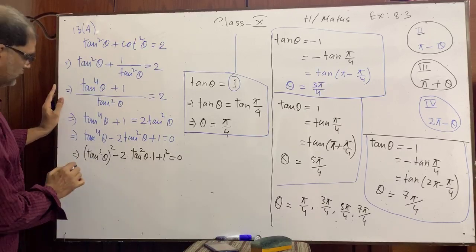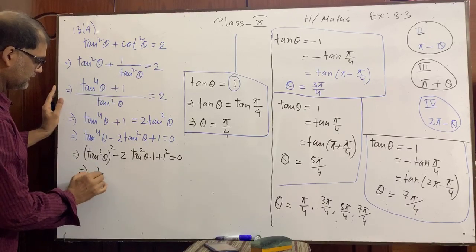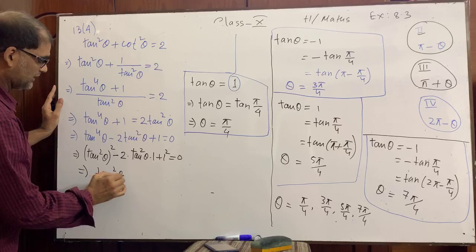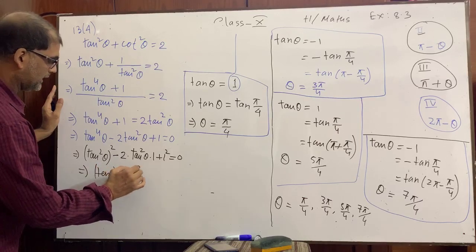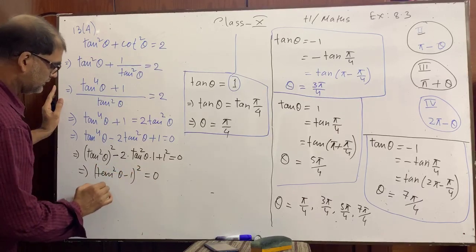That means we are getting tan square theta minus 1 whole square equals 0.